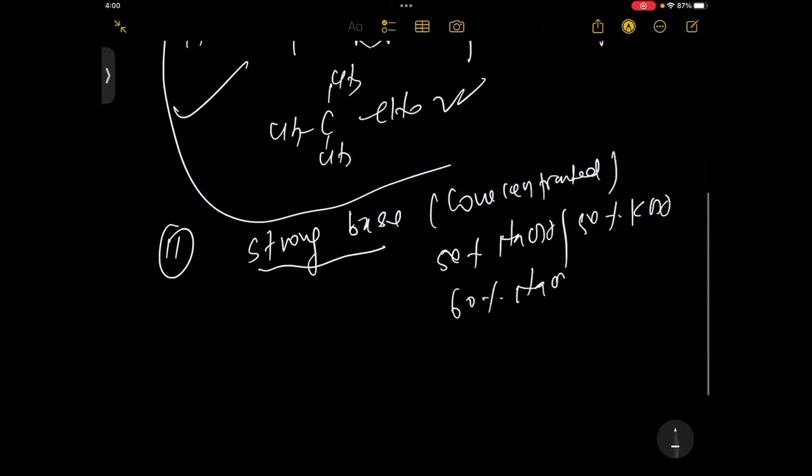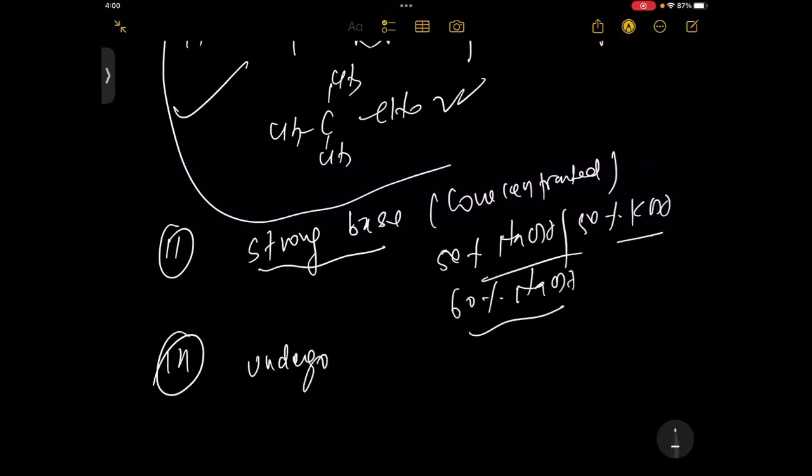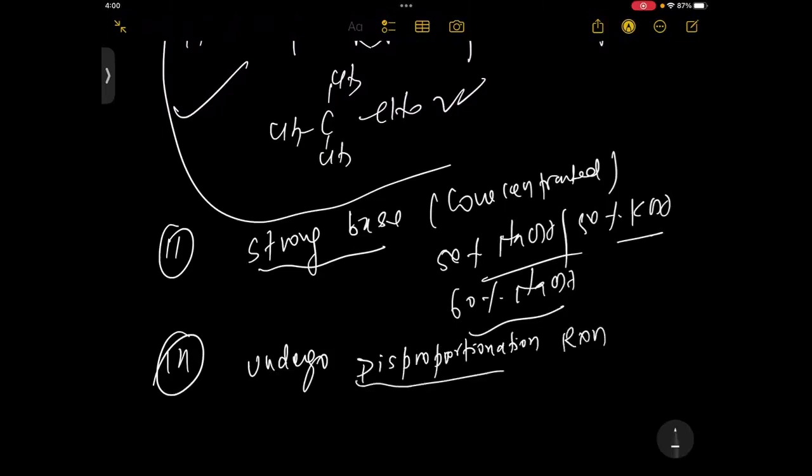Third, the Cannizzaro reaction undergoes a disproportionation reaction.